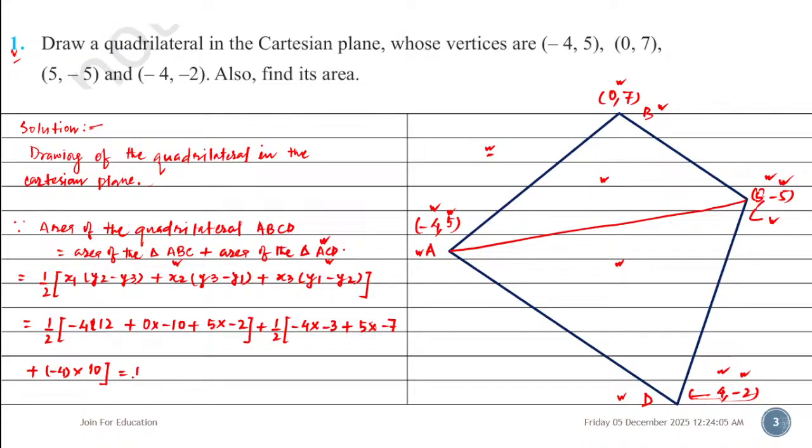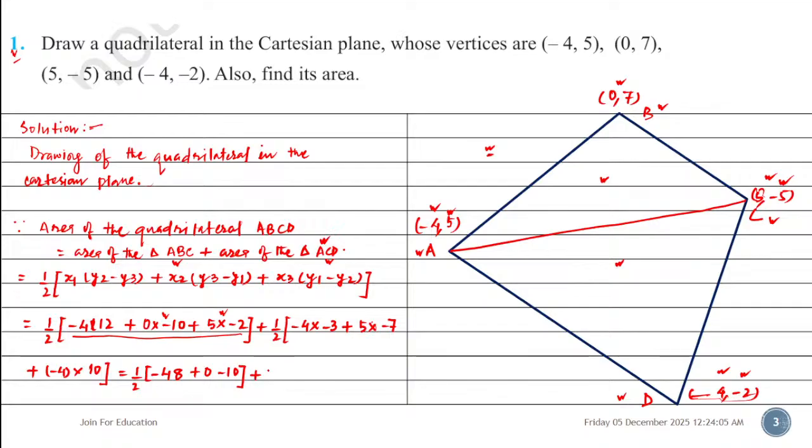Equal to 1 by 2, and for this part we write down -48, this one will be 0 plus 0, and this one will be -10.